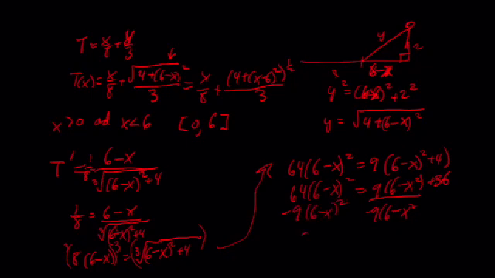So I get 55 times 6 minus x squared equals 36. I divide both sides by 55. I have 6 minus x squared equals 36 over 55.